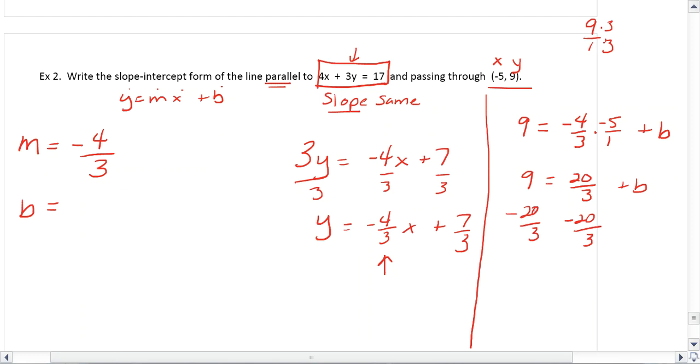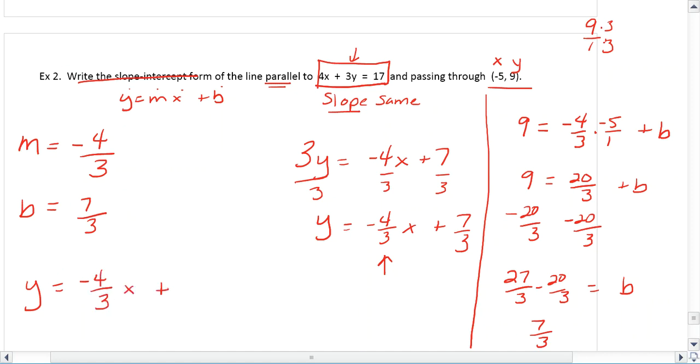So I need to write this side with common denominators. 9/1 can be changed into thirds by writing it as 27/3, and I'm subtracting 20/3 from that to get my b, and I end up with 7/3. So now that I have the m and the b, now I can finally write the slope-intercept form of that equation. So y equals negative 4/3 x plus 7/3.